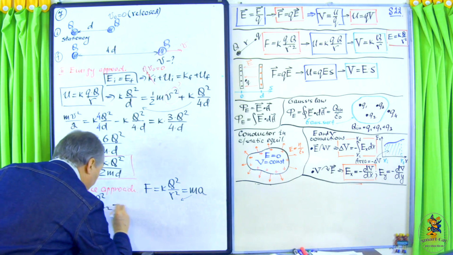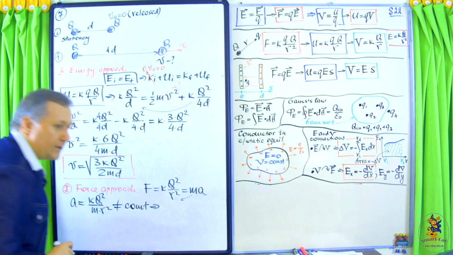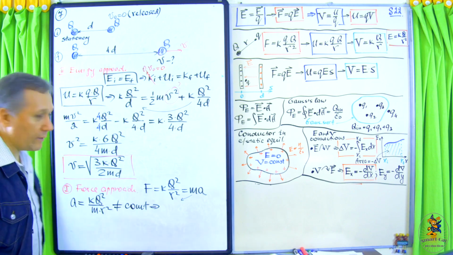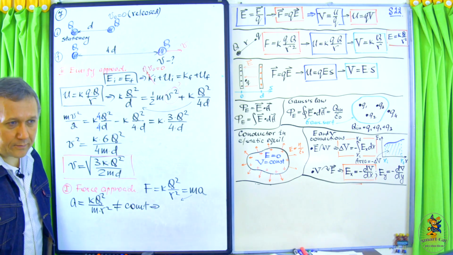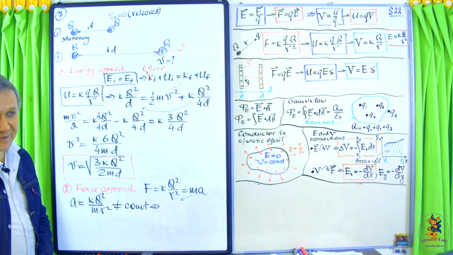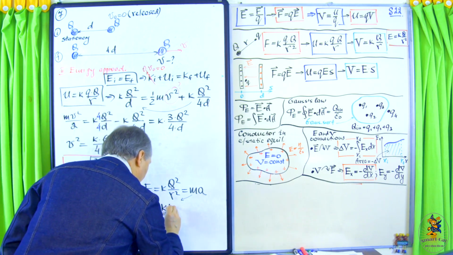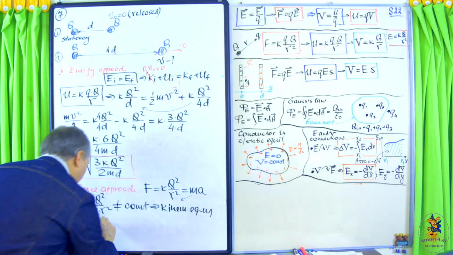So acceleration is not constant, and I can write immediately: kinematic equations cannot be used. In this case, you will have to solve a second order differential equation, which is more complicated, right? So that's why in this problem, it's way easier to use the energy approach.